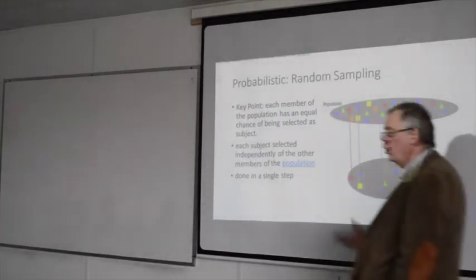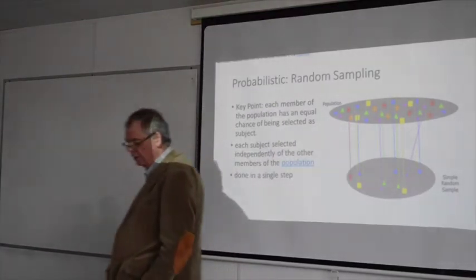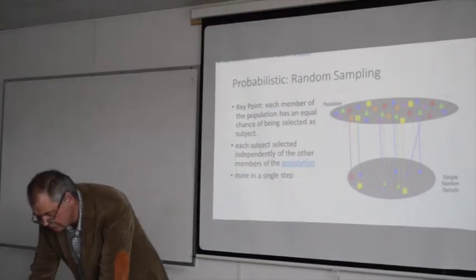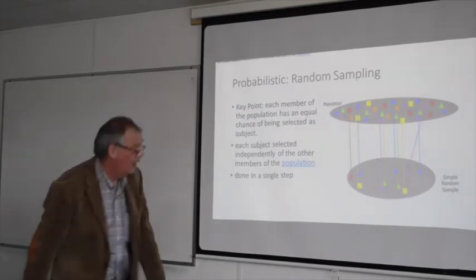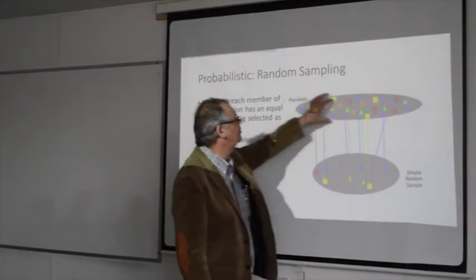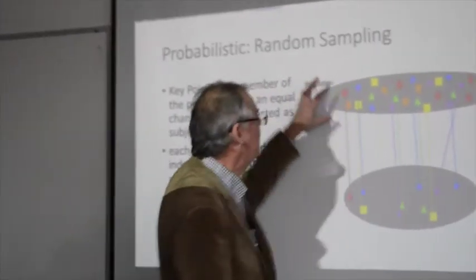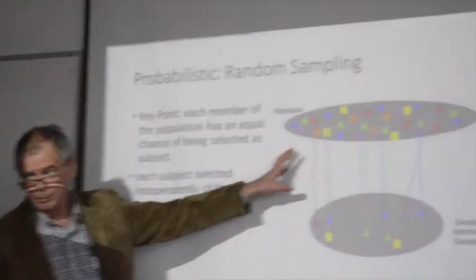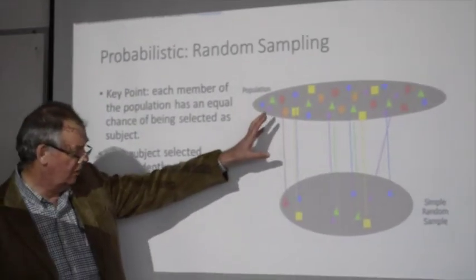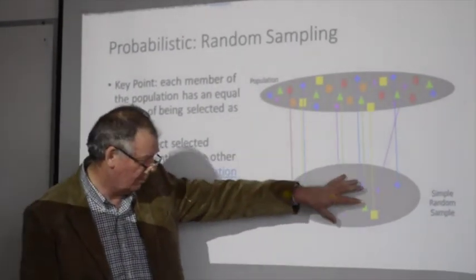The most obvious one and the most common one is what's called random sampling. It's a probabilistic method, and if you take a population of all these different kinds here, then you select out a number of people or units to sample here.